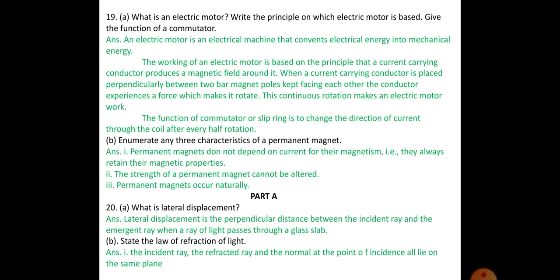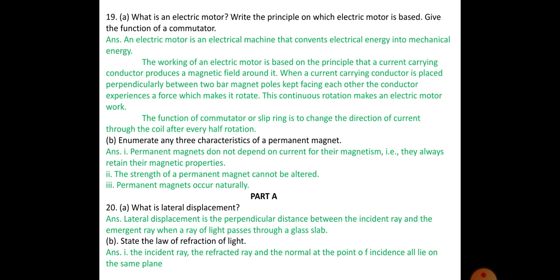When a current carrying conductor is placed perpendicular between 2 bar magnet poles facing each other, the conductor experiences a force which makes it rotate. This continuous rotation makes an electric motor work. The function of the commutator or slip ring is to change the direction of current through the coil after every half rotation.